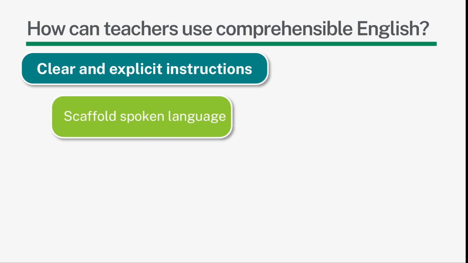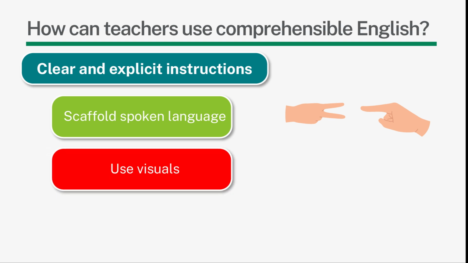Scaffold spoken language with appropriate actions and gestures. You could mime simple actions like cutting out a shape. Use visuals to illustrate key concepts, items, or processes as you talk. You could point to a large map to show places or show a diagram with simple labels to illustrate a process, like the germination and growth of a plant.